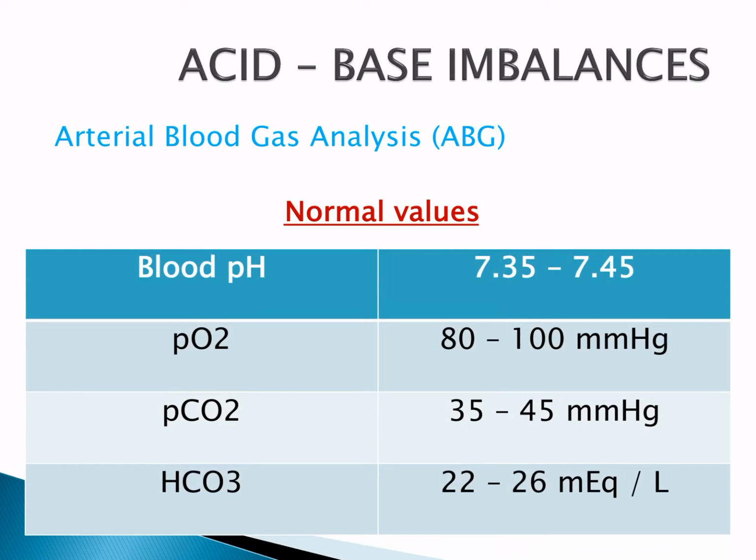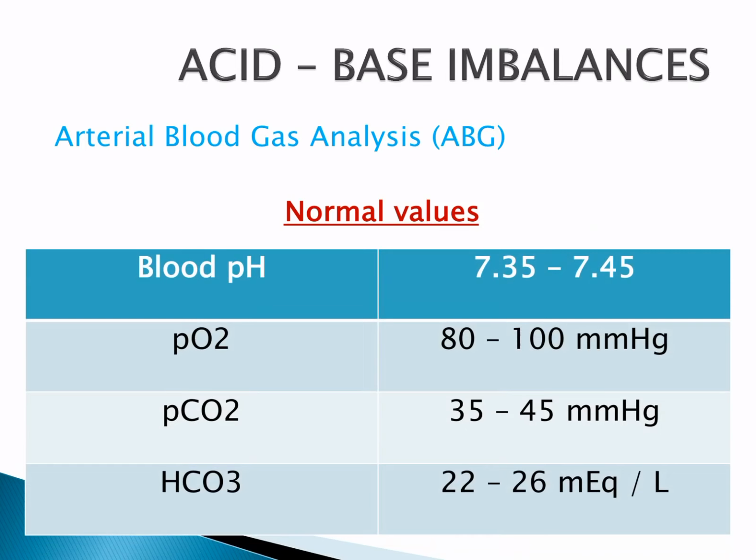Okay, so your PO2, we have 80 to 100 mmHg. For your PCO2, 35 to 45 mmHg. And your bicarbonate, or HCO3, we have 22 to 26 mEq per liter. Okay, so remember these values.